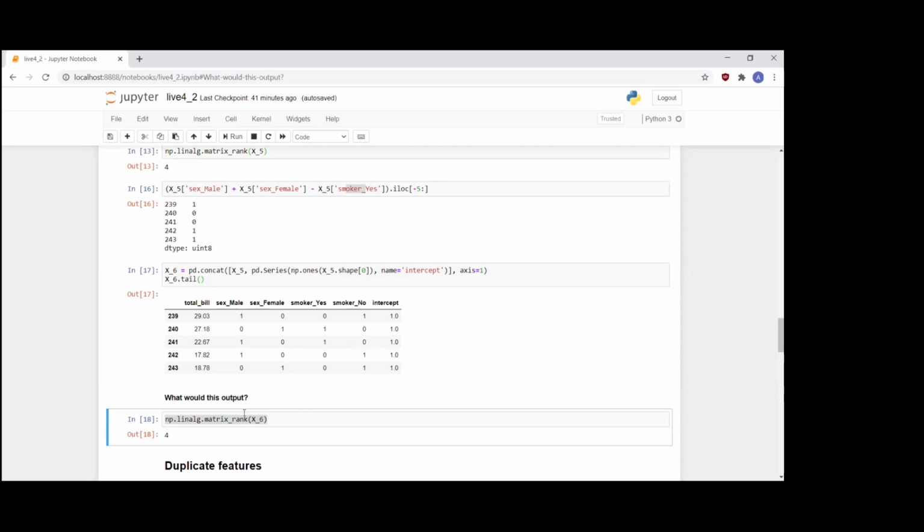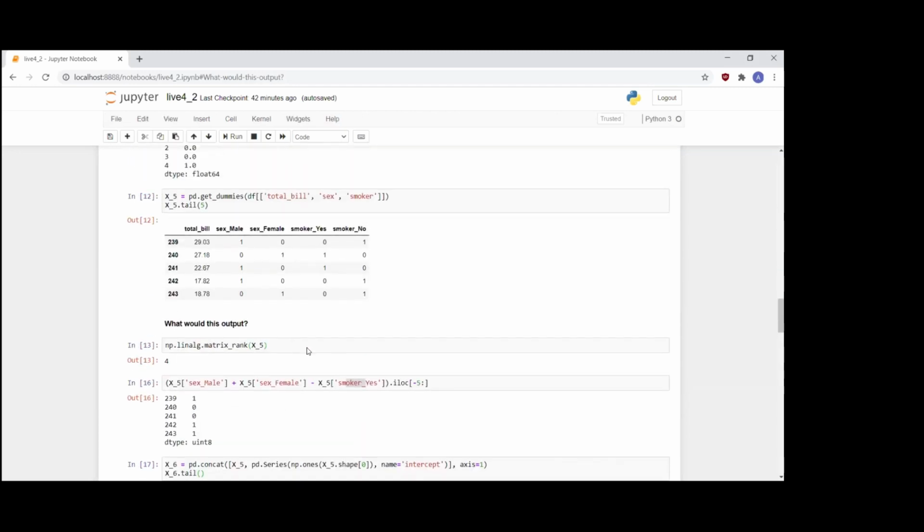The rank of our data matrix X is the same as the rank of X transpose X, which is the term that you need to invert for least squares. If it does not have full column rank, if the rank of the matrix is not the same as the number of columns, then you won't be able to invert your X transpose X when solving the normal equations, which means you won't have a unique solution.